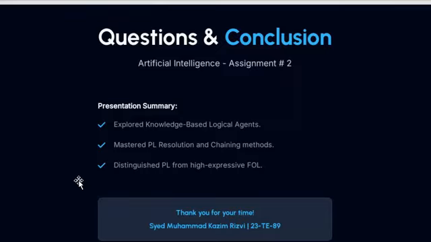Forward chaining starts from facts and moves towards the goal, while backward chaining starts from goals and searches for supporting facts. First order logic is more expressive because it includes objects, relations, functions, and quantifiers. These concepts form the foundation of reasoning and inference in artificial intelligence.